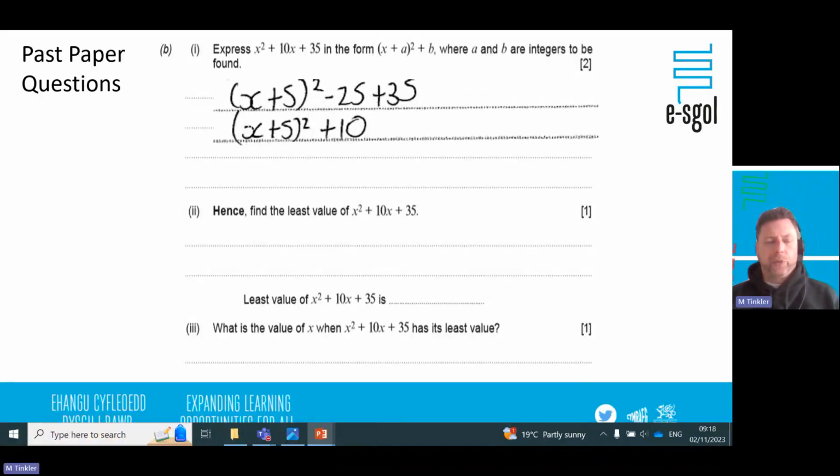Okay, so there's the answer to the complete the square bit. Pretty straightforward for 2 marks.